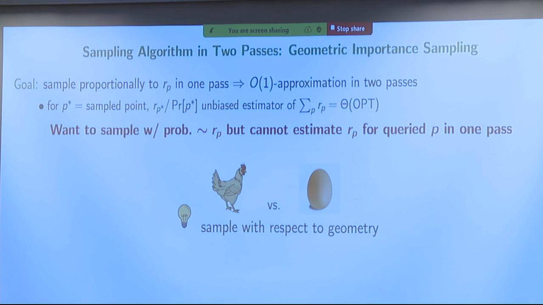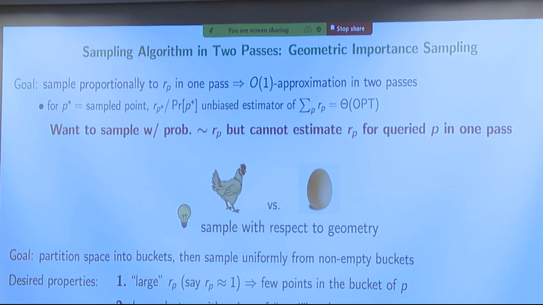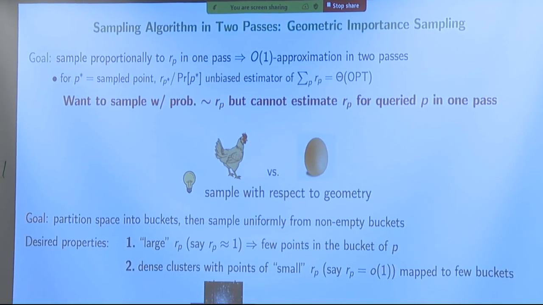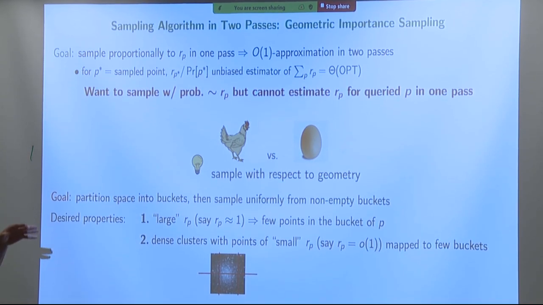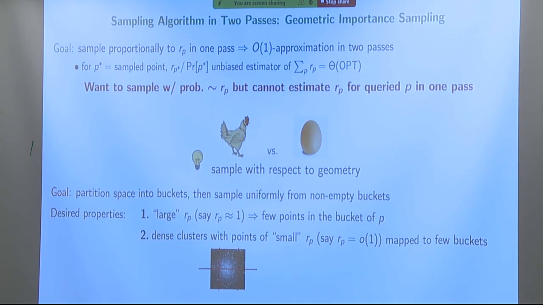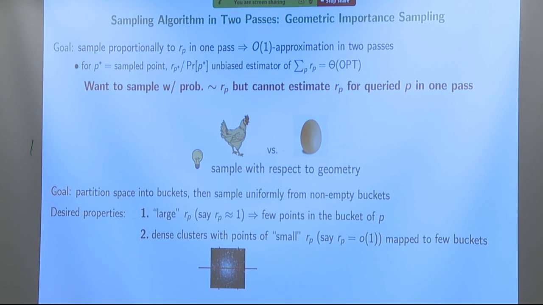We resolve it basically by using the geometry, that we are in geometric space. What we want is to partition the high dimensional space, and then round the points to the buckets of the partition, so that we have much higher probability to hit a point of high RP.